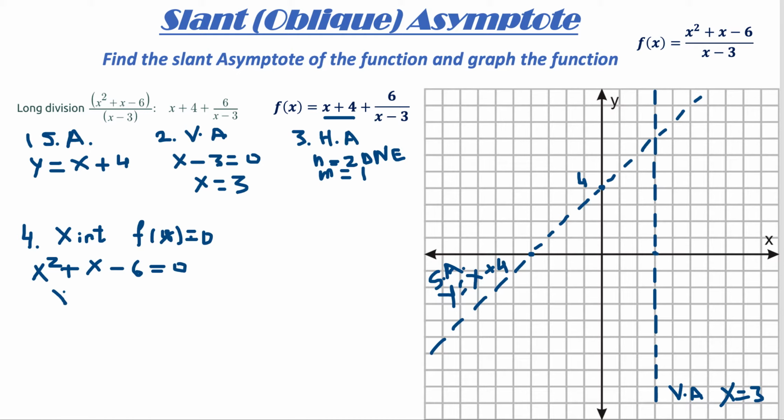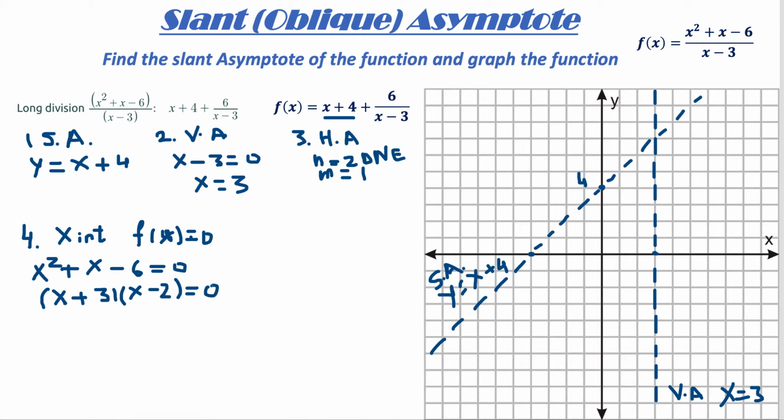If we factorize this, it is going to be x plus 3 times x minus 2, equal to 0.